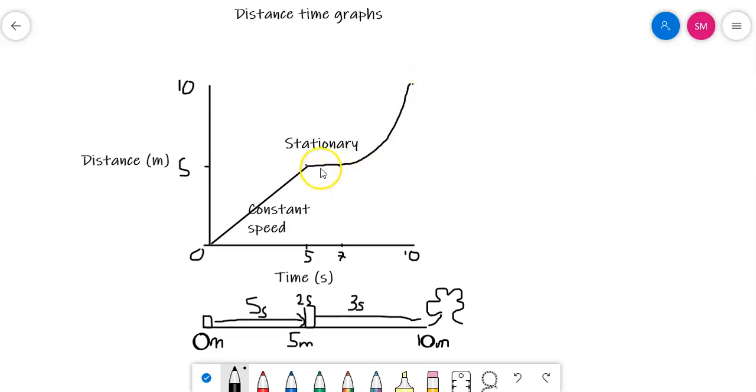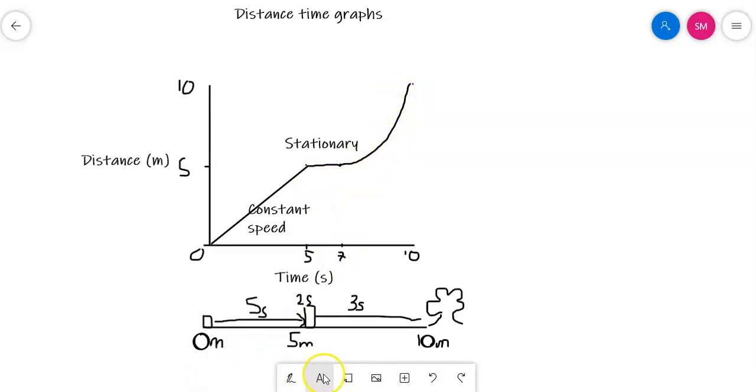That'll do. So you can see how it's curved. So the curve of the line shows how fast or the speed of the object. So if you see a line like this in a distance time graph, that is showing acceleration.